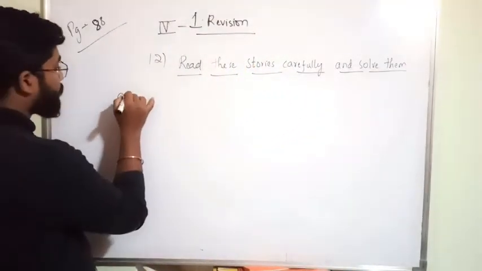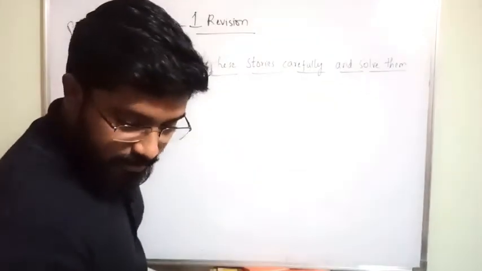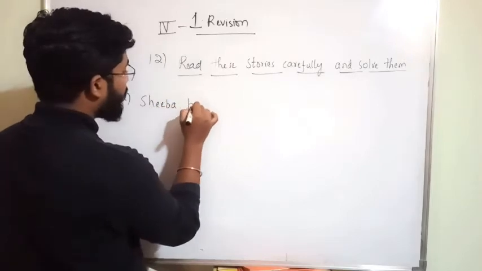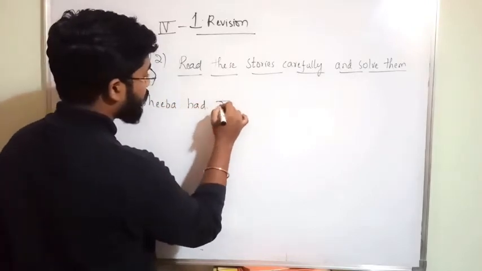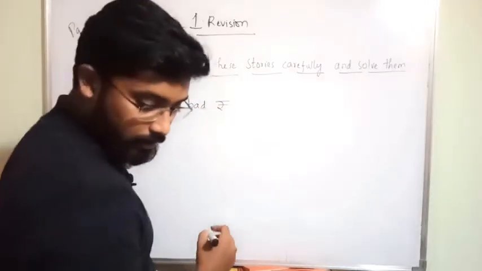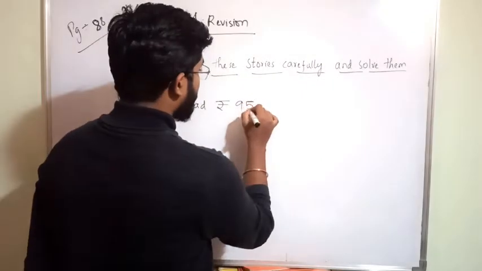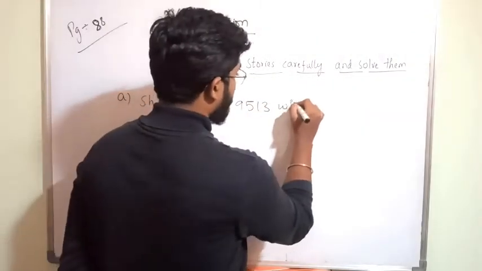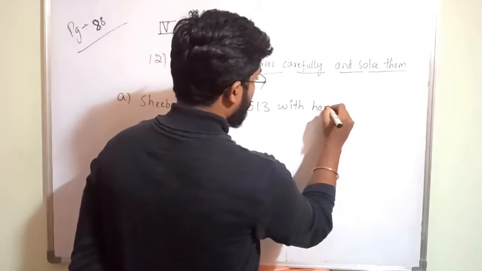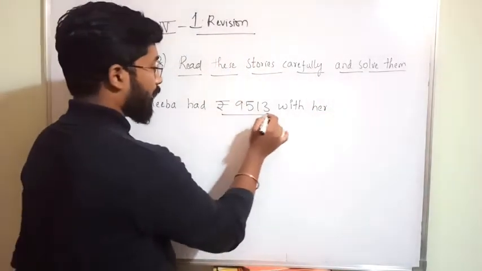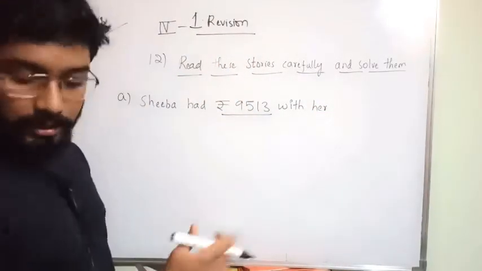First one. Sheba had rupees 9,513 with her. Okay, Sheba has 9,513 rupees with her.